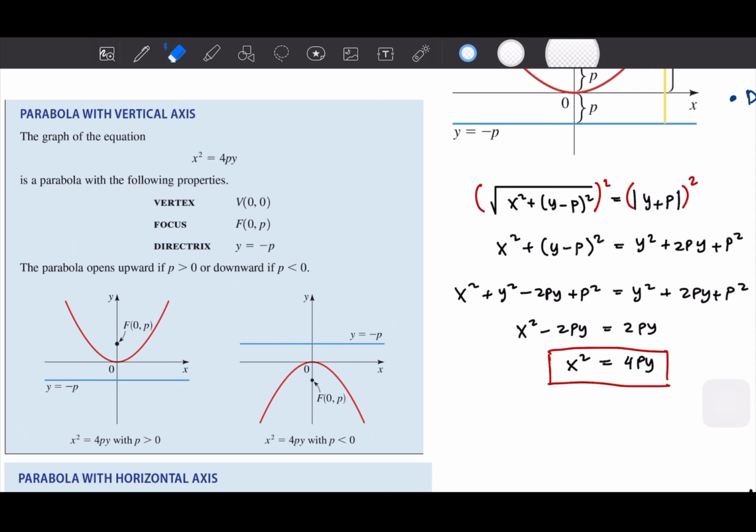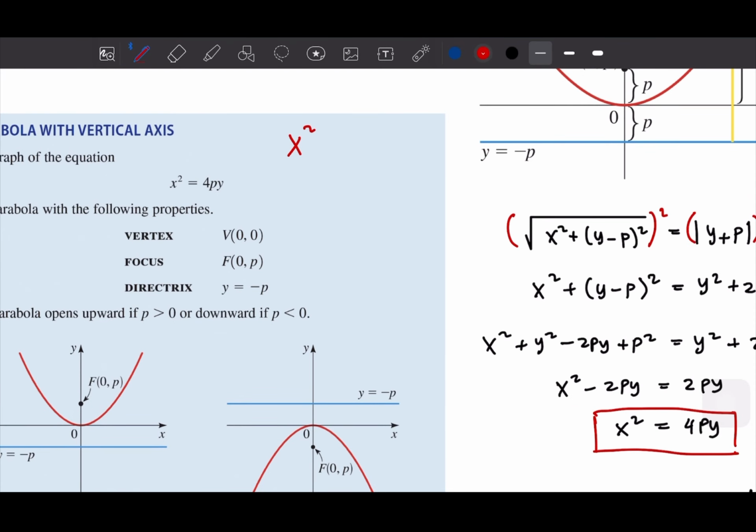For example, let's say you have x squared equals 2y. The p will be inside here, so 2 is equal to 4p. So p will be half, so the distance will be half.